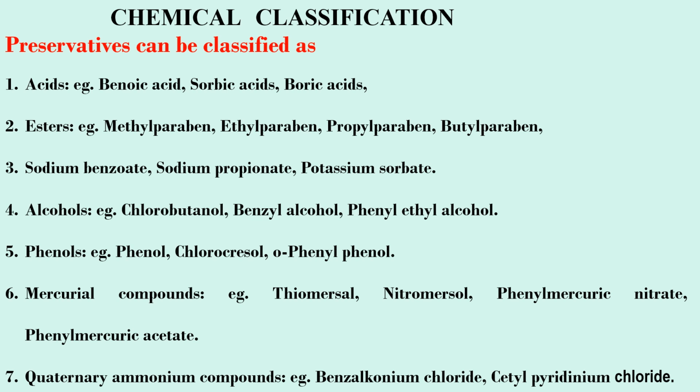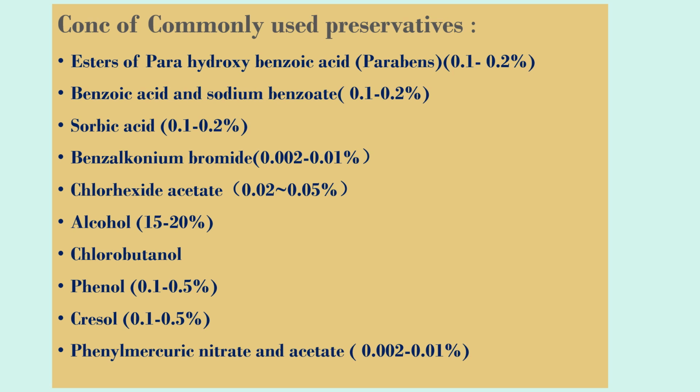Phenols like chlorocresol, phenyl, orthophenyl phenol, mercurial compounds, thiomersal, nitromersal, phenyl mercuric nitrate, phenyl mercuric acetate, and quaternary ammonium compounds like benzalkonium, cetylpyridinium. These are some of the classifications of your preservatives which are used in your preparations.